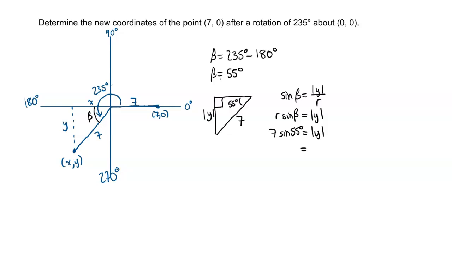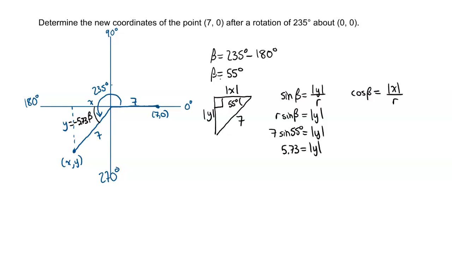And so that tells me that the magnitude of y is 5.73. So if we go back over to our picture on the left, we know that's a negative value, so it's negative 5.73.